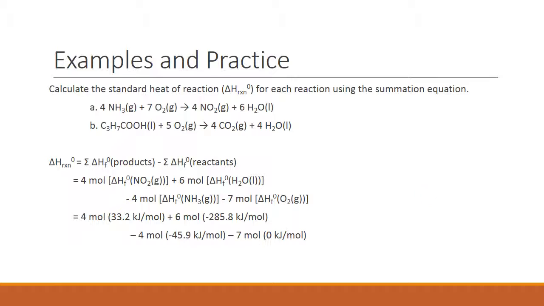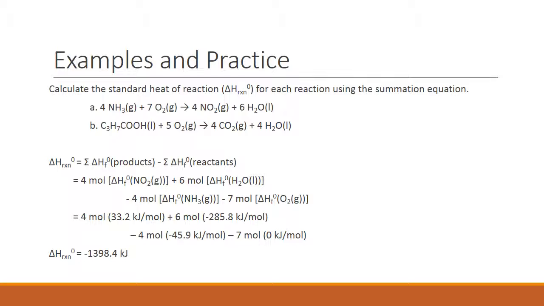And so if you plug all that in your calculator, it should give you negative 1398.4 kilojoules. And if we were to apply Hess's law, if we were given the reactions with these same standard heats of formation, we would also find that we get the same thing applying Hess's law and manipulating the equations.